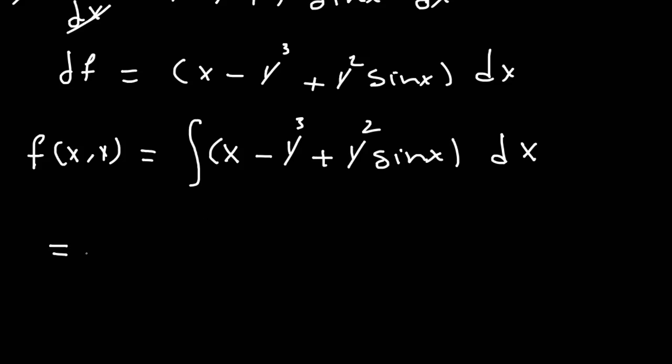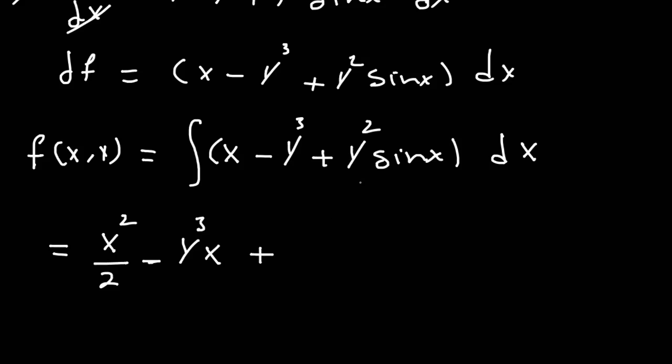So we will get the integral of x with respect to x is basically what? x squared divided by 2, then minus, we have y cubed. y cubed is like any constant, so we will have the constant itself and then multiplied by x.